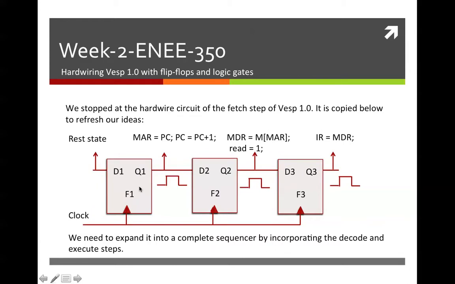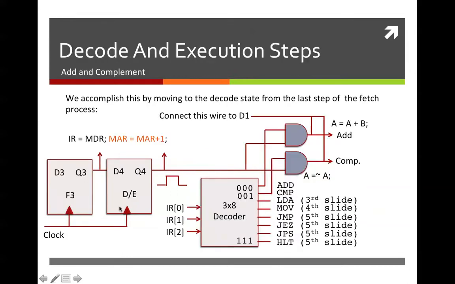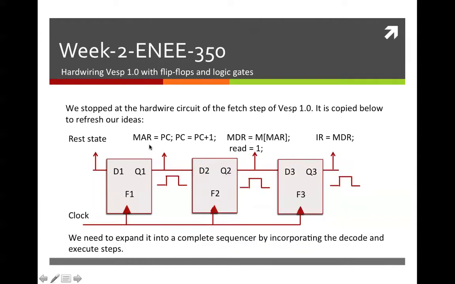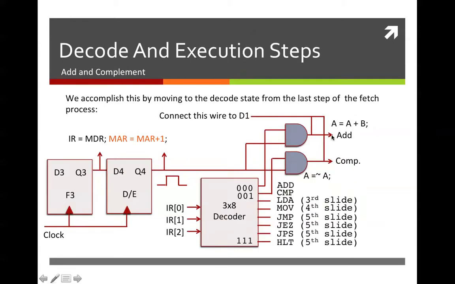So that will be like 1, 2, 3, 4, 5 clock cycles, at the end of which we go back to the beginning. And so then the rest state separates this process from the next instruction fetch, which is going to take place here. So this is connected exactly to this place, meaning that we just completed our execution, either this operation or this operation.